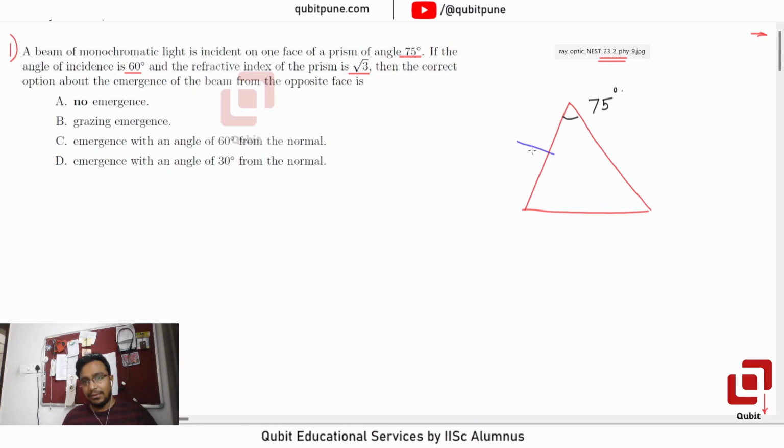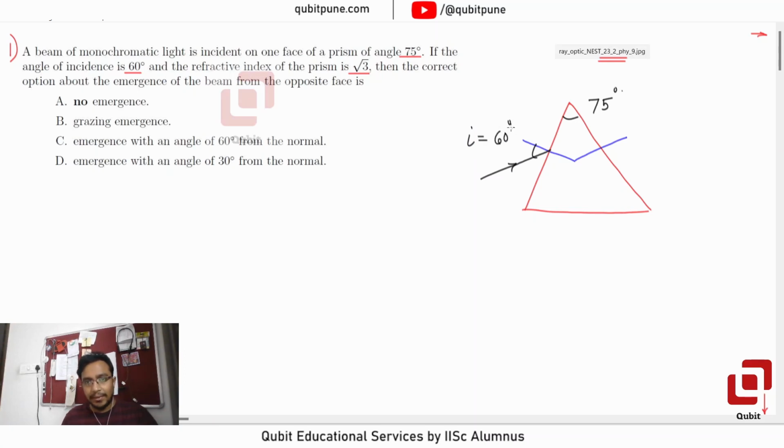So suppose this is the normal, and let us suppose this is the normal on the other side. Now let us consider this as our incident ray. So this is our angle of incidence I, 60 degrees.